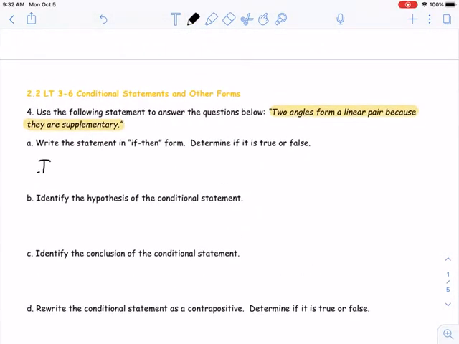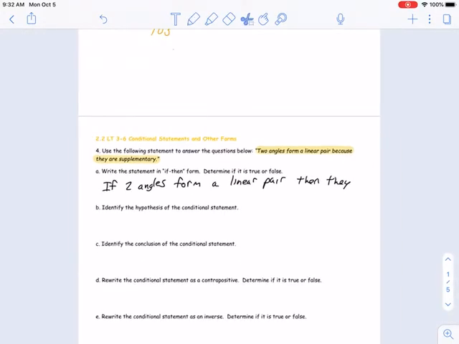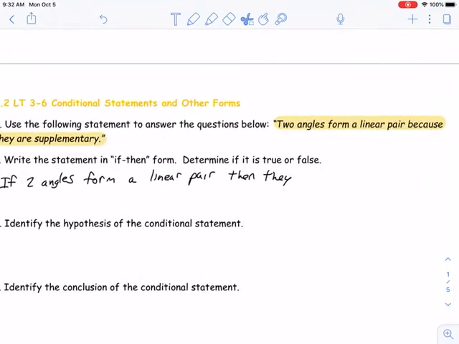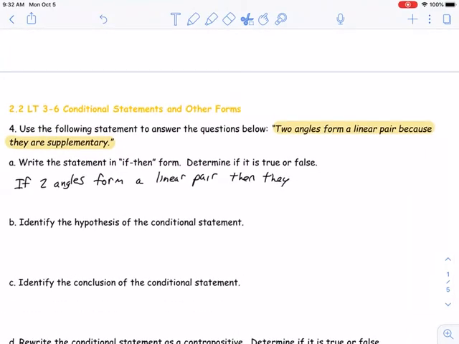So, if two angles form a linear pair, then they are supplementary.